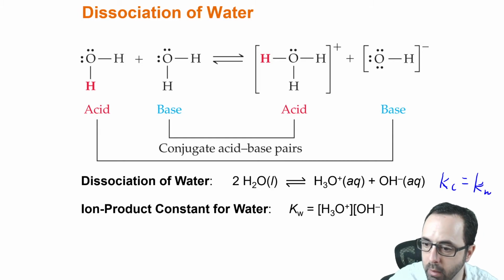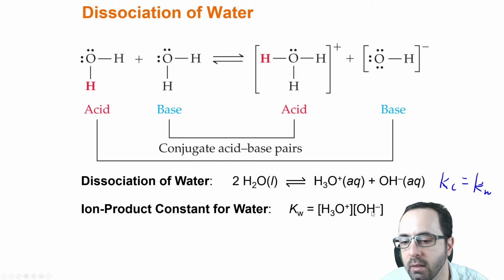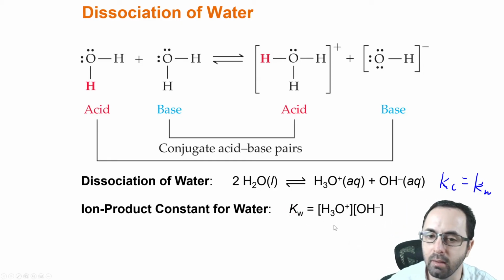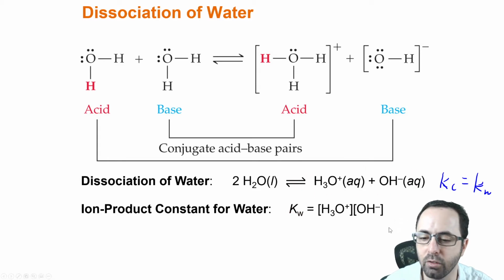It's called Kw, and its expression is the hydronium concentration times the hydroxide concentration equals Kw. Because this reaction can always happen in water, every other aqueous equilibrium is mediated by this reaction. And so it's always going to be the case that the hydronium concentration times the hydroxide concentration is equal to the K of this reaction, also called Kw.